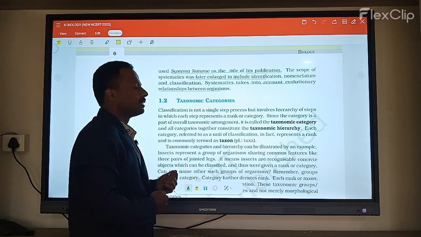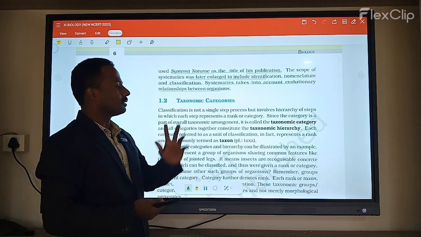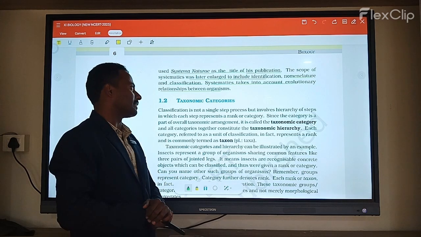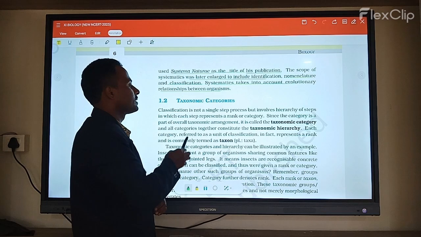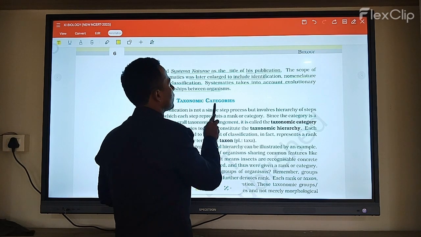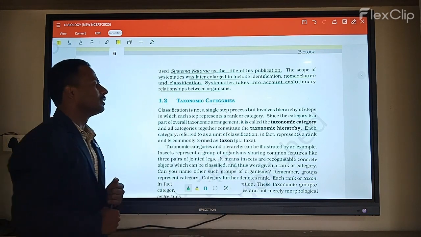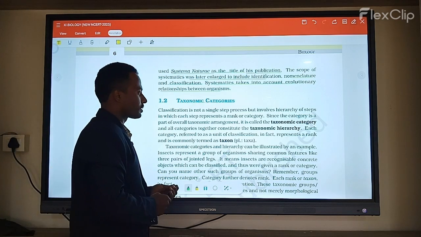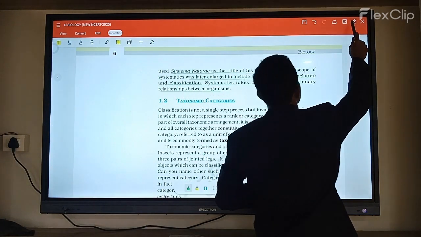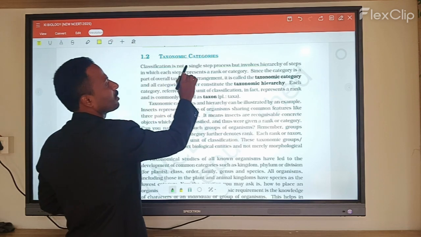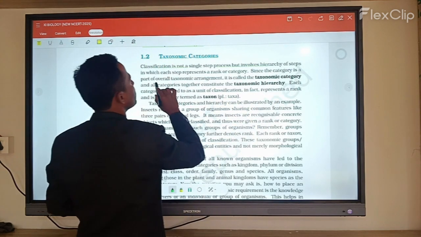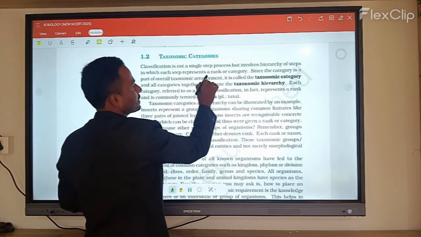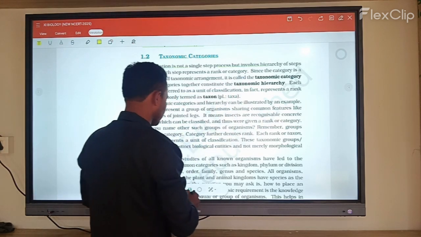Next, these are the different fields concerning organisms, like systematics and taxonomy. Next, let us discuss taxonomic categories. Classification is not a single-step process but involves a hierarchy of steps, each step representing a rank or category.